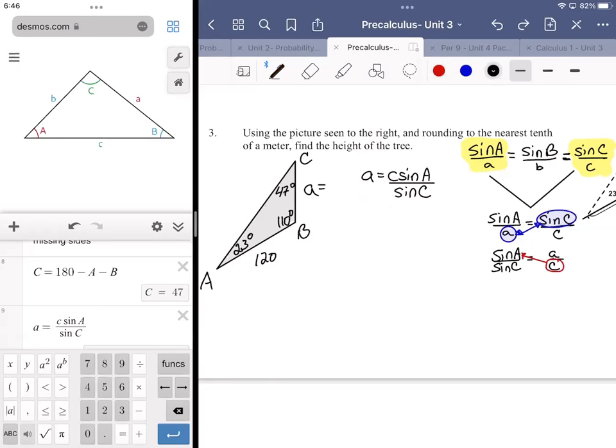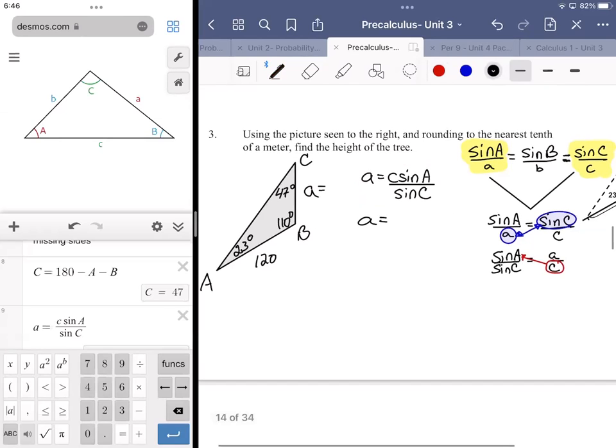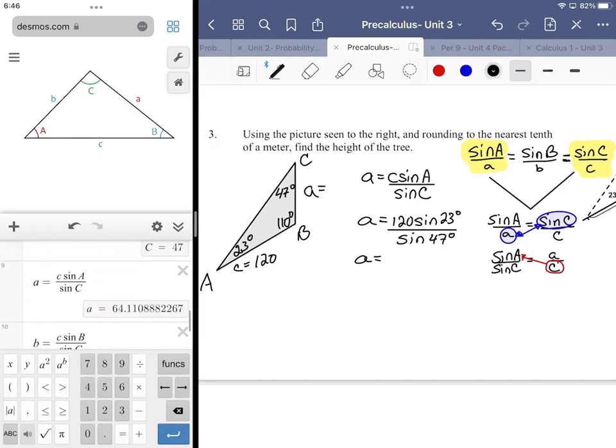Then in that rule, I would replace the side C with 120, because that's what side C is. Sine of angle A, which is 23 degrees, over the sine of angle C, which is 47 degrees. And that would give me A equal to 64.1.